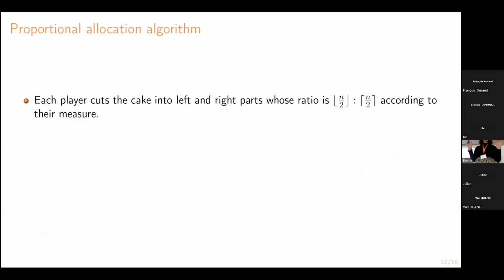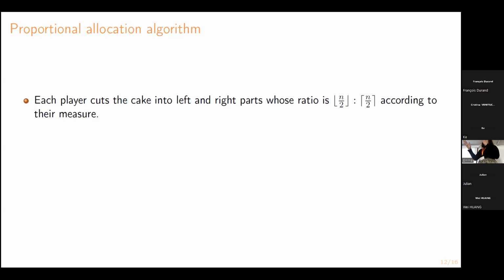You ask every agent, here it's called player, but it's just because I copy-pasted from agent, to cut once, so that the ratio is n divided by 2 floor and n divided by 2 ceiling. For example, when you have 3 agents, the utility ratio will be 1/3, 2/3.